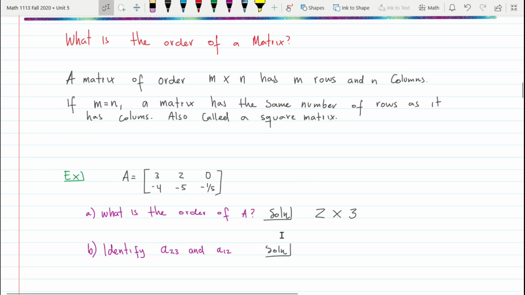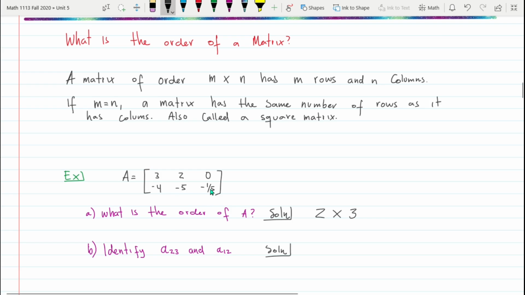Part B, we want to identify this element. What differs this notation from the previous one with the brackets around it is that this has no brackets, obviously. So this is referring to a specific element from the matrix A. So if you go to the matrix A here and go to element row 2, column 3, so row 1, row 2, column 1, 2, 3.